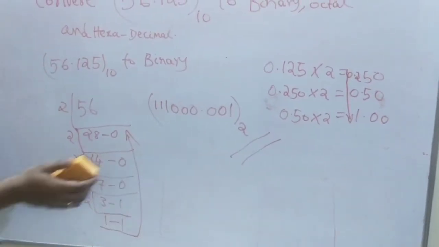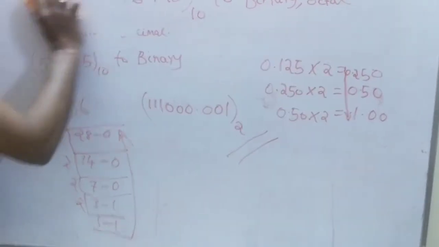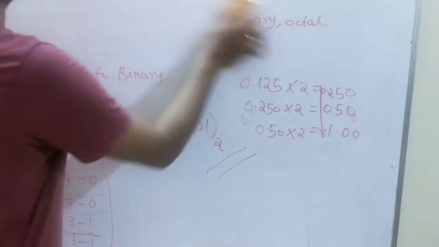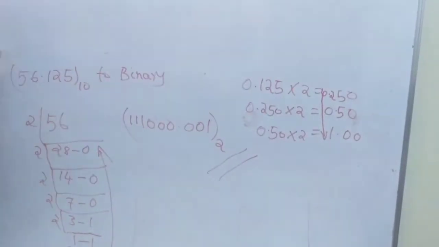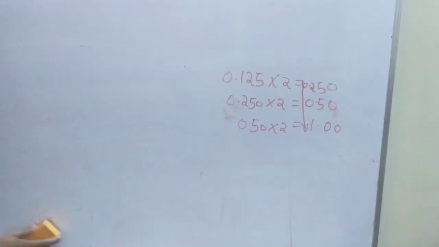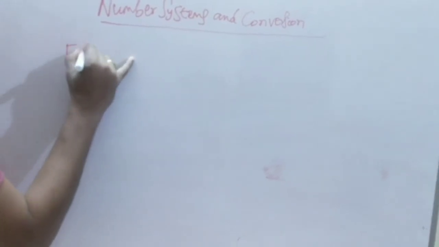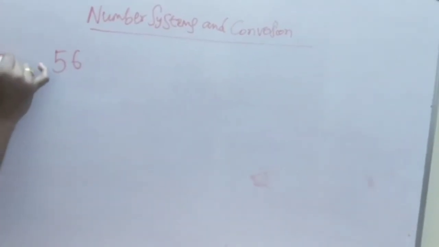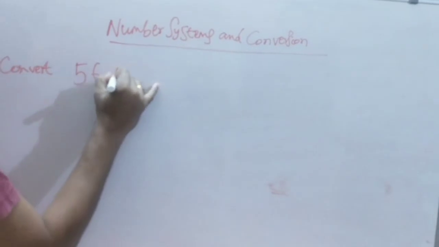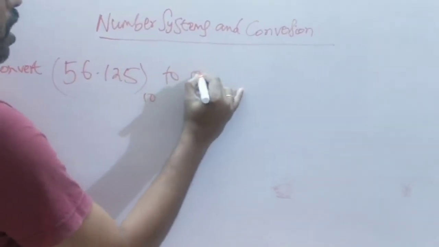Now we are going to solve the same problem for converting to octal. Convert 56.125 base 10 to octal.